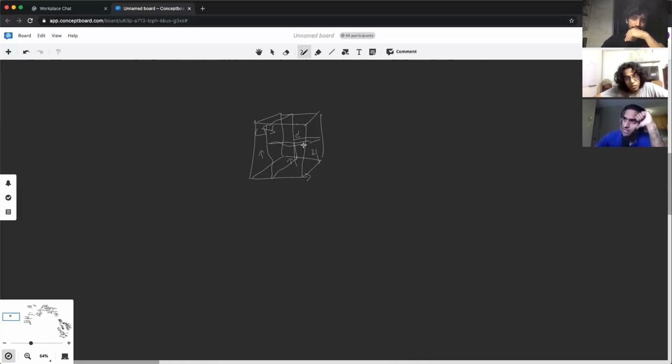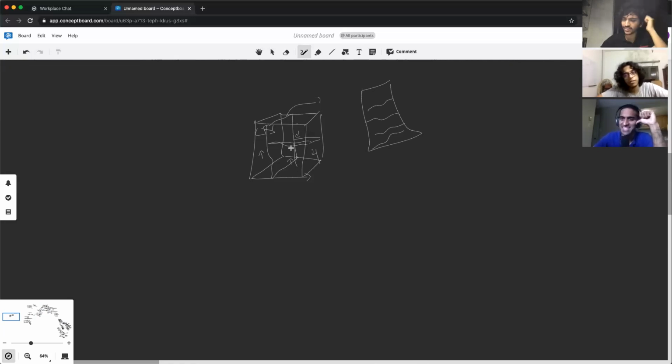Polyakov had an idea, which was to think of these domain walls as the trajectory through space-time of some string. So I slice it up. Could these domain walls be a string world sheet? And the answer seems to be yes.